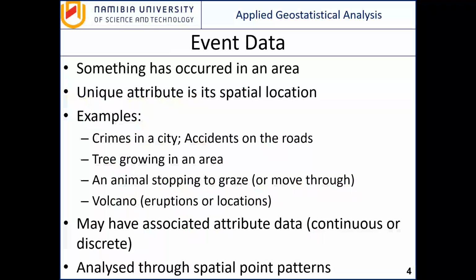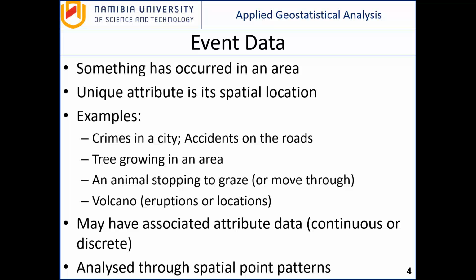So event data is something that has occurred in an area. The unique attribute, or at least the most important attribute, is the location where this is happening, although it might have some associated attribute data, continuous or discrete. Examples are the crimes in a city, accidents, the trees, or the position of animals, or a volcano.